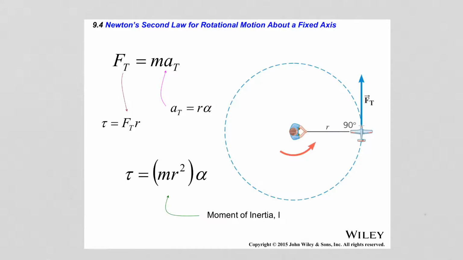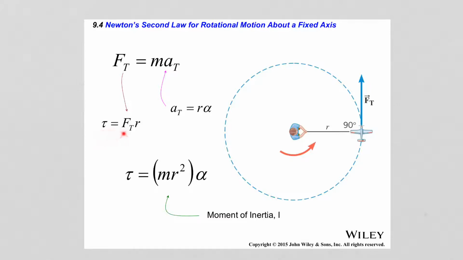In my case here, I'm looking at this model airplane, which is held by a string to rotate about this circular trajectory. So the tangential force Ft is shown in this drawing, and the distance from the axis of rotation is the radius of this circle.